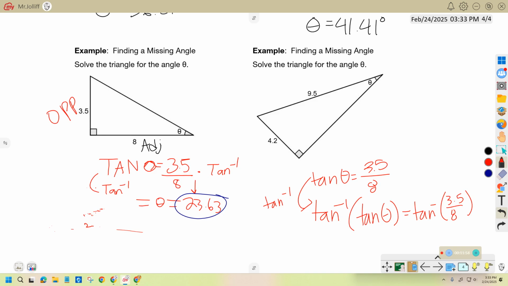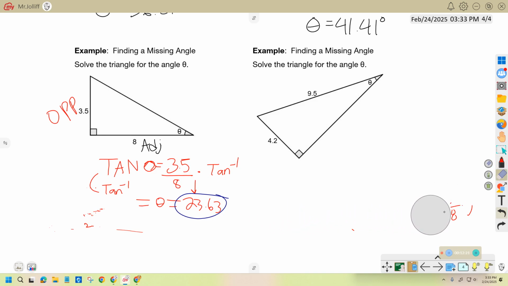Just like if I wanted to do a square root, I would have to put this under the square root. I wouldn't multiply it by the square root symbol. So inverse trig functions were kind of like we treated square roots undoing squares. They had to be over the thing you were trying to take the square root of. Right answer, just a little bit of notation. Very good. Who wants to do the next one?